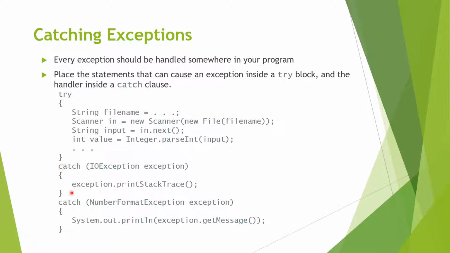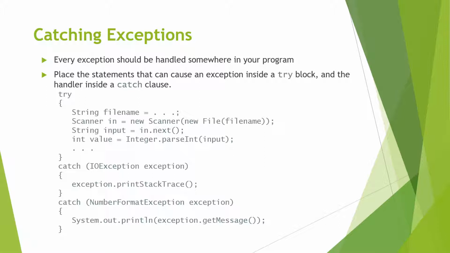The first catch clause catches the exceptions with type IO exception, and the second catch clause catches exceptions that have type number format exception.